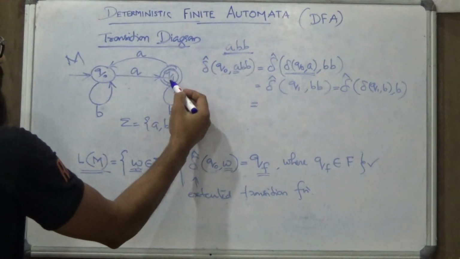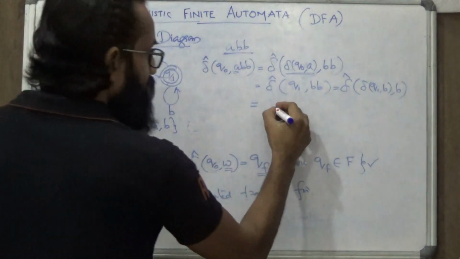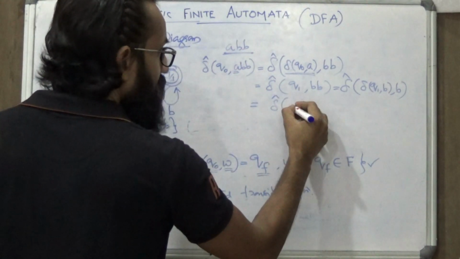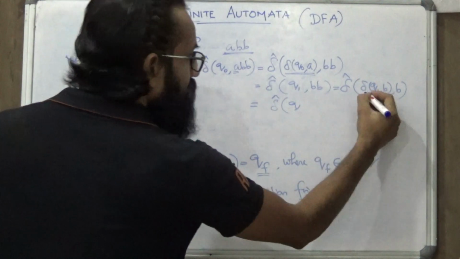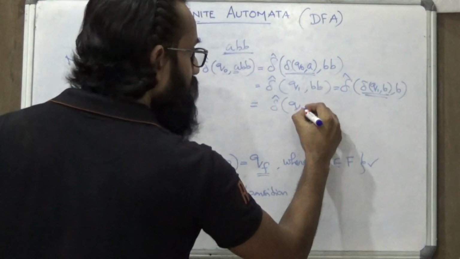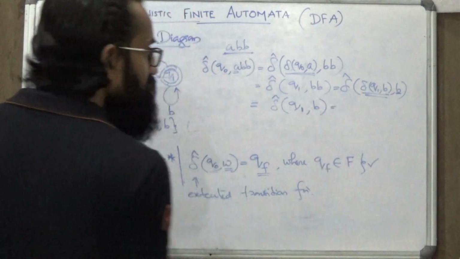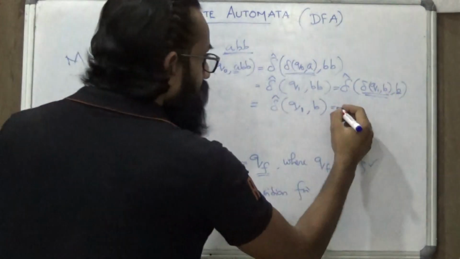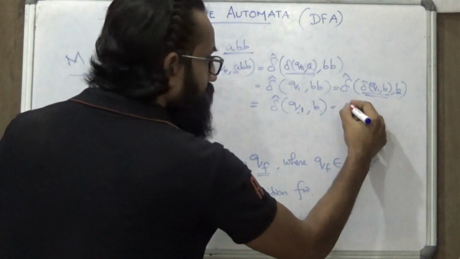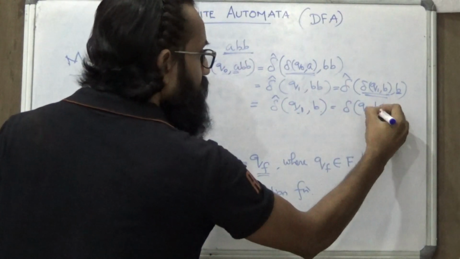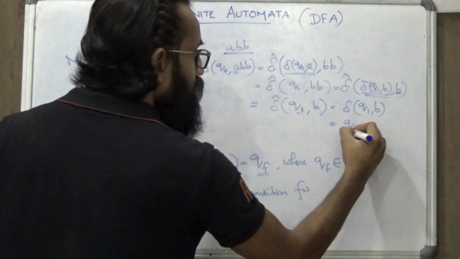Now you can rewrite this as delta cap of delta of Q1, B, then B. What is delta of Q1, B? Delta of Q1, B is Q1 itself. So this turns to delta cap of Q1, B, where the remaining string to be consumed is B. Delta of Q1, B is equal to Q1.